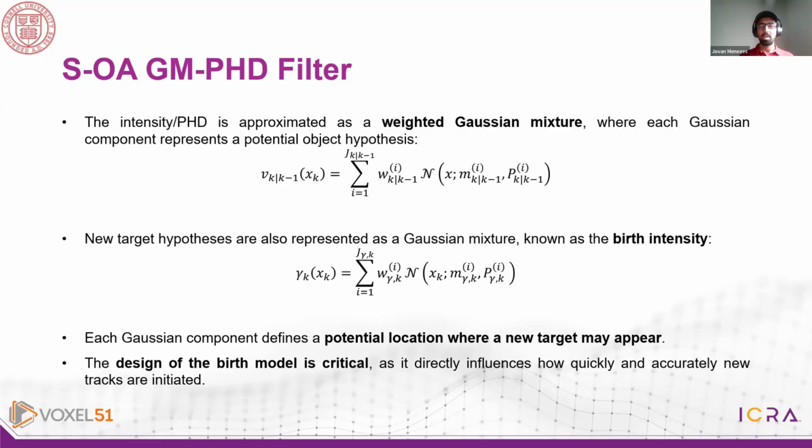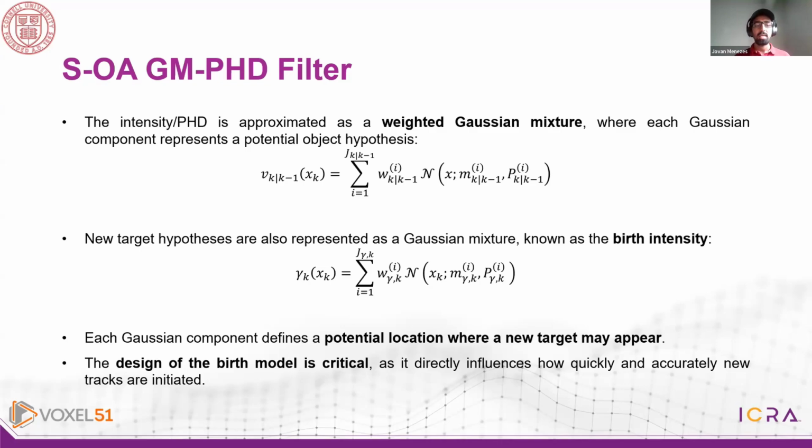So essentially over here, we are using multiple Gaussian components to represent the predicted intensity. And within this predicted intensity, we also model the new target hypothesis or the birth hypothesis represented by gamma_k. And over here, we also represent this birth intensity using a Gaussian mixture model with the weights represented by w_gamma and the corresponding mean and covariance.